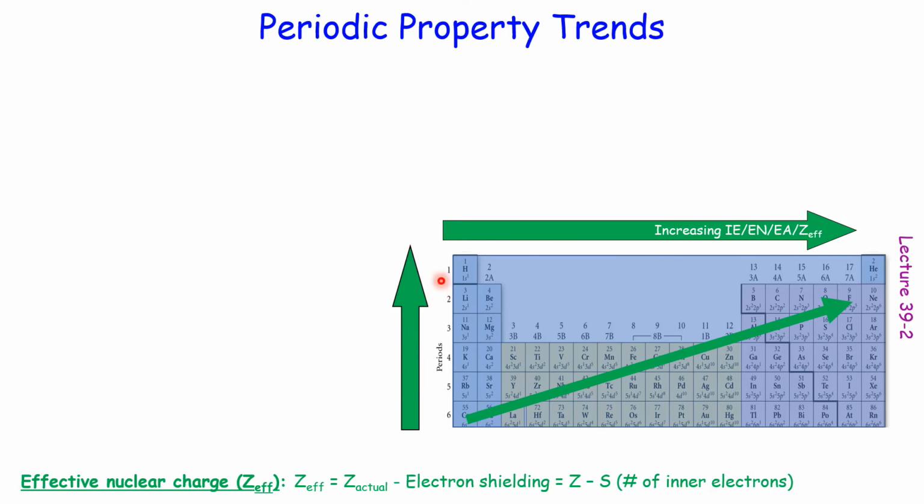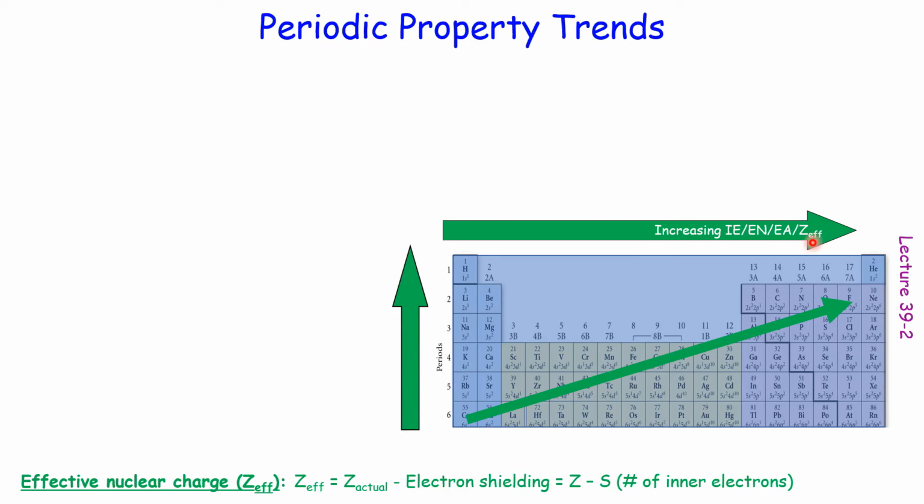And we also know that the trend for increasing effective nuclear charge is from left to right, as well as from bottom to top.